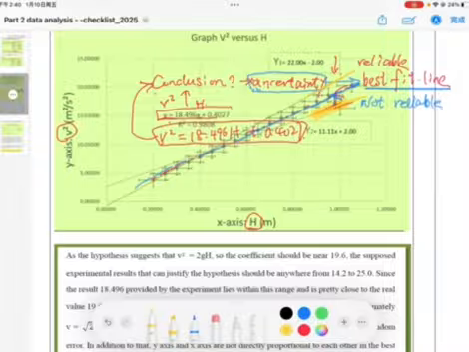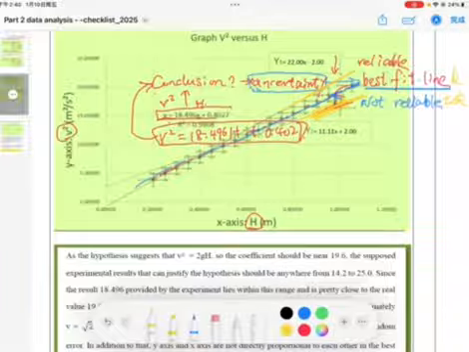So the best fit line has a gradient k, and you need to calculate the uncertainty of the k.